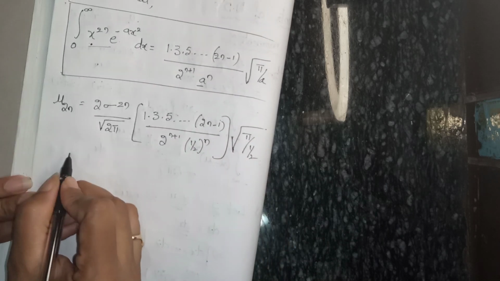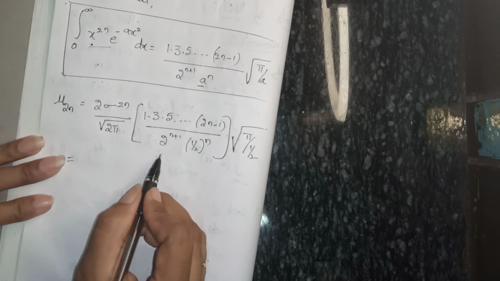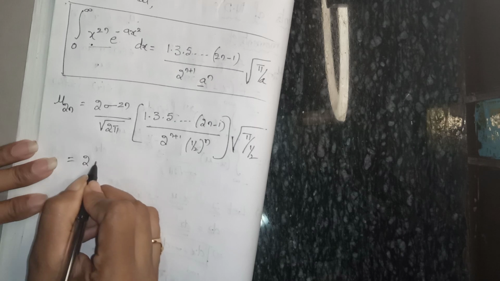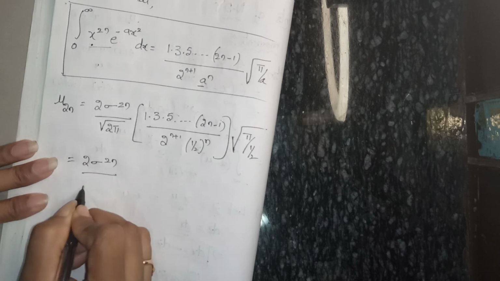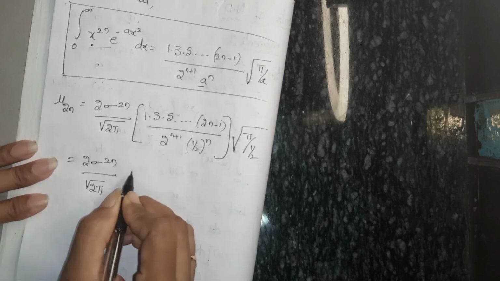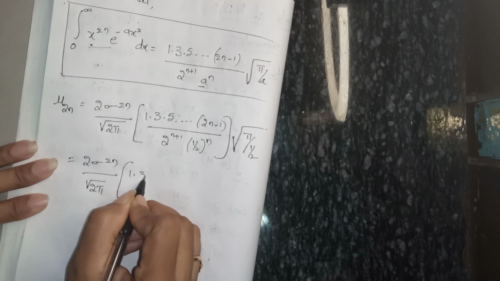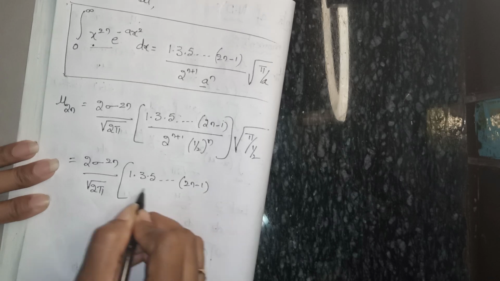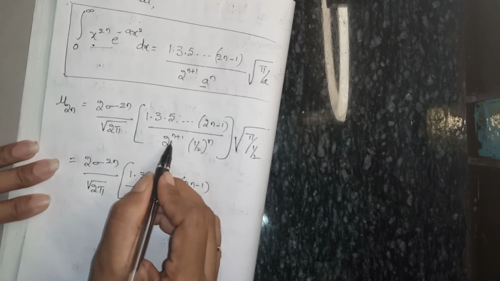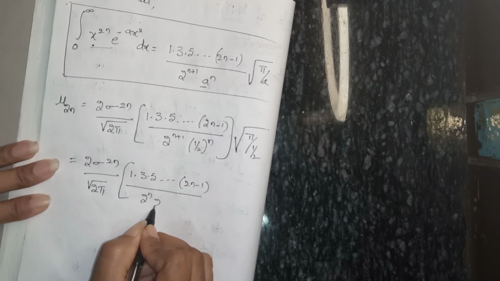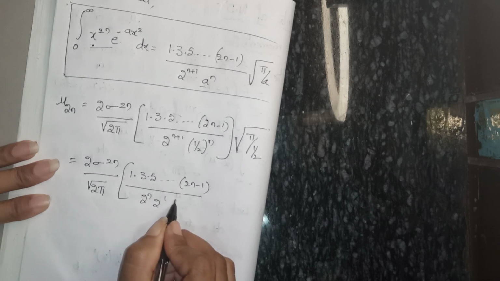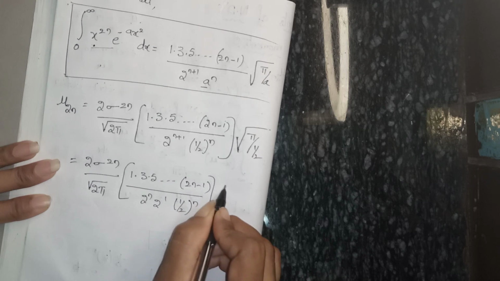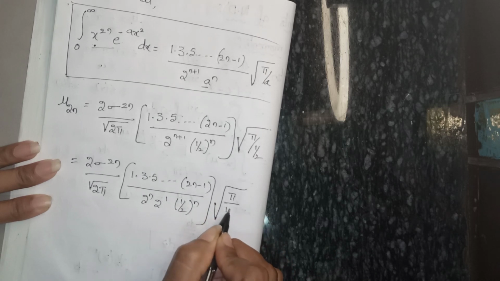So that equals 2 sigma power 2n by root 2 pi into 1 into 3 into 5 and so on up to 2n minus 1, whole by 2 power n plus 1 into 1 by 2 power n into pi by 1 by 2.